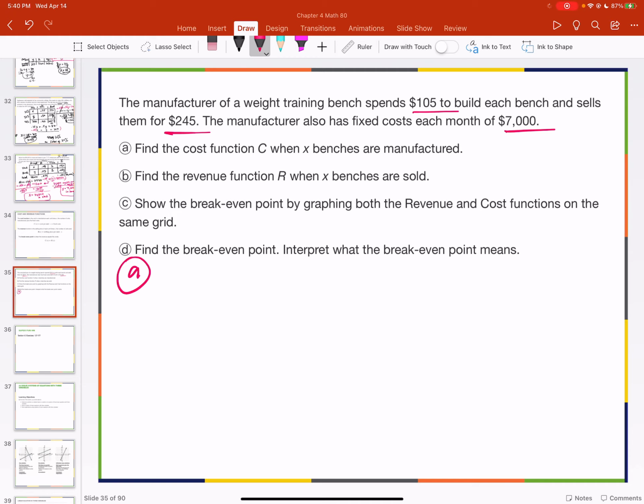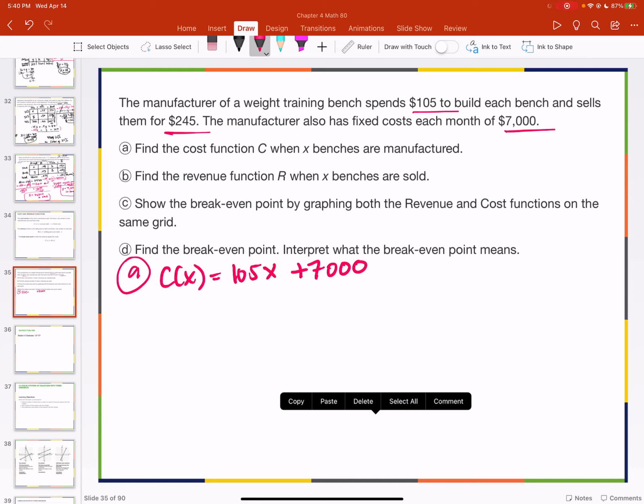We can write it C of X equals 7,000 fixed, so that's just a constant, plus 105 per each one sold. This is a function of how much it costs him. The revenue function, R of X, is going to equal 245X, since he sells them for $245.